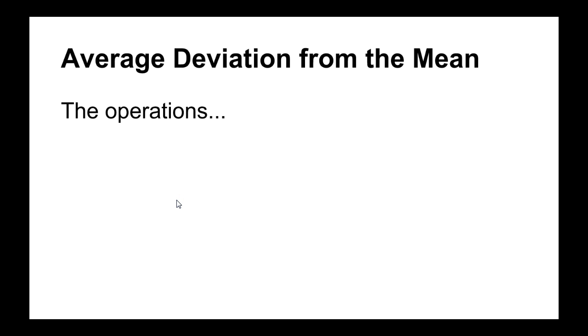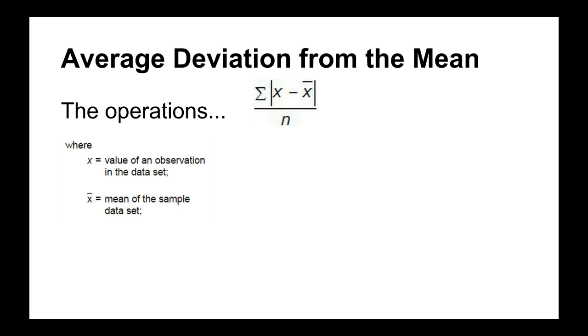Now, let's take a look at the operations involved with average deviation from the mean. So we've got our formula. We're taking a sum of the differences between the value and the mean, and we're dividing it by the total number of objects in the sample. Remember, x is the value of a single observation in the dataset, and x bar is the mean of the sample dataset.